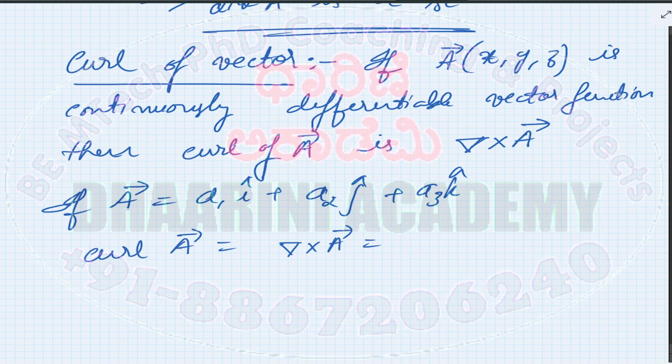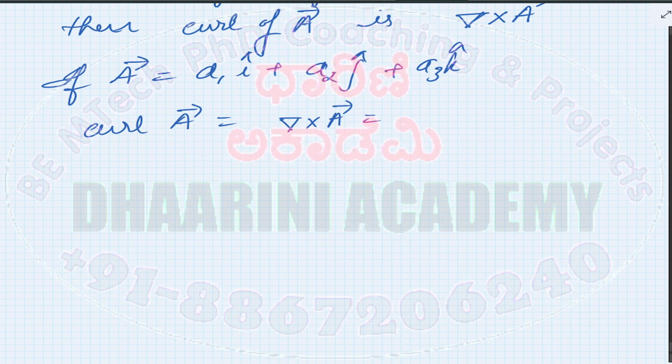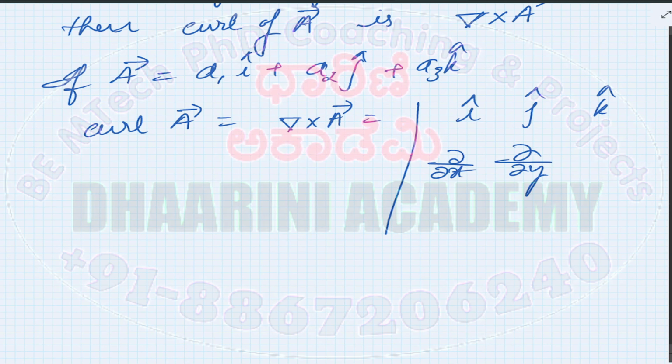We know how to write a cross product. I write i, j, k first. Since you are applying the differentiation in del cross a, the del operator should come next: dou by dou x, dou by dou y, dou by dou z. Then the third row is the vector a, which is a1, a2, a3.